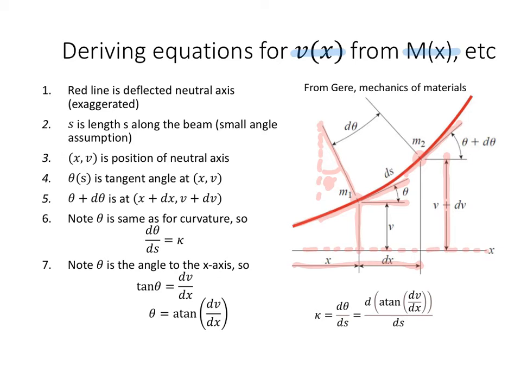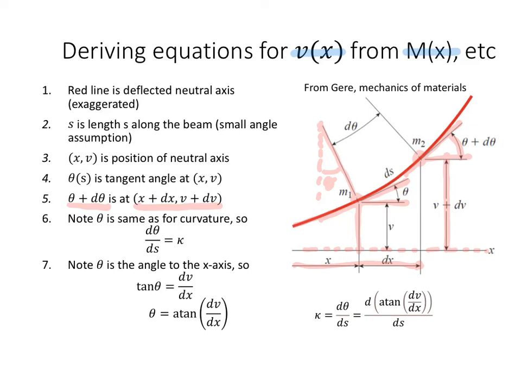Now when we go up here, theta plus delta theta is the new tangent angle at position s plus ds. That is, theta plus d theta is the tangent angle at x plus dx and v plus dv.